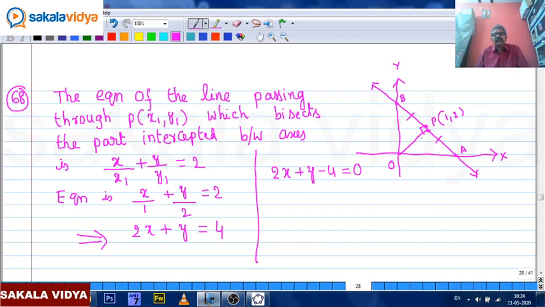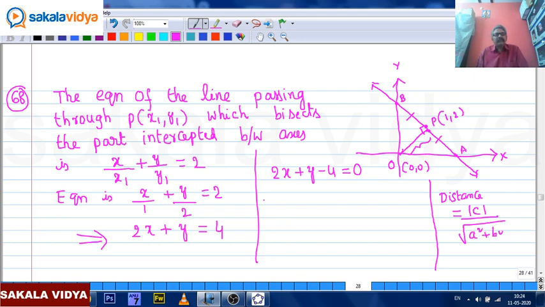Some other point, it's not a midpoint. So this distance we need to find out. This is origin 0, 0. So the distance formula is equal to mod c by root of a square plus b square.